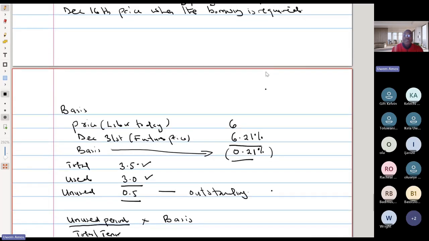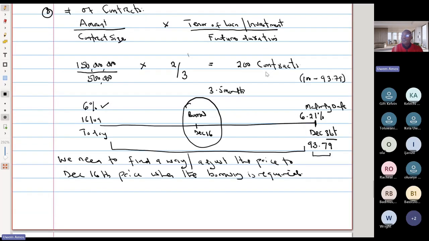Okay. So we said that our December futures price is 93.79. That value is called the market reference rate. It is not in percentage, but we need to know what it equates to in percentage, because if I tell you interest rate, you want to know what the value is in percentage.